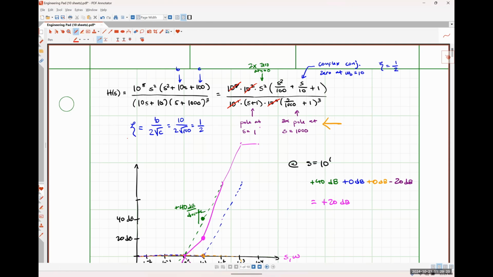That's what this guy right here tells me. This guy right here tells me I should start decreasing at a slope of 20 dB per decade at 10 to the 0. This guy right here tells me I should start decreasing at a slope of 20 dB per decade at 10 to the 3, but I multiply that slope by a factor of 3 because this is raised to the 3rd power. So that's why we have that minus 60 dB per decade.